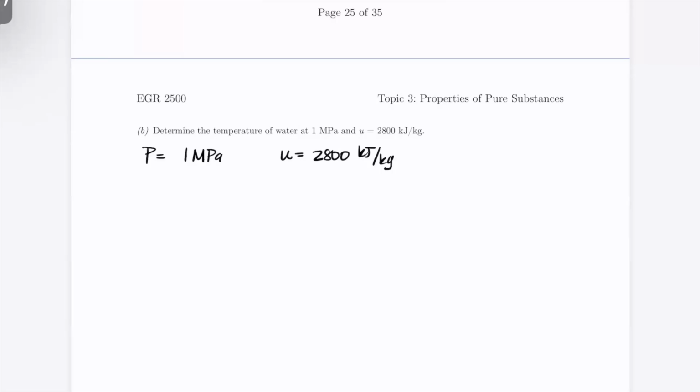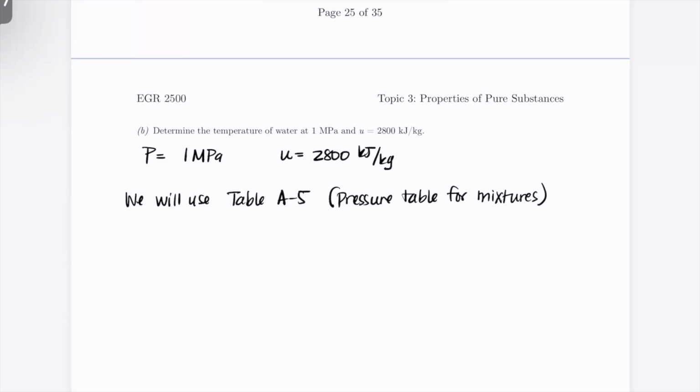Okay, so we will use table A5. So this is our pressure table for a mixture. I'm going to just start saying mixtures because it's really long to write compressed liquid / vapor mixture a million times.